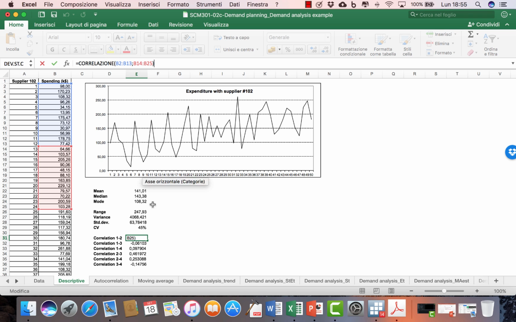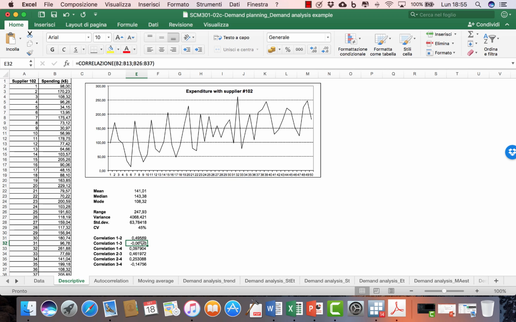You just have to type the command correlation, open parentheses, and select as the first series the first 12 months, as the second series the second 12 months, you click OK, and you see that the correlation between the first year and the second year is 0.5, so marginal.